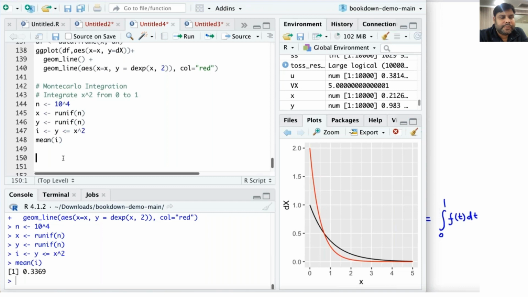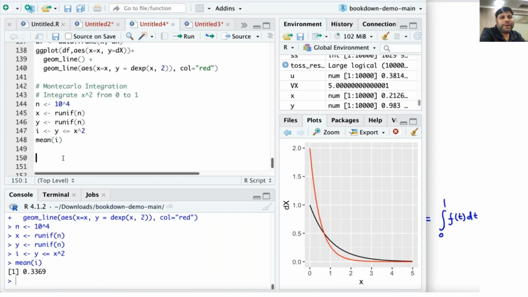Let us now integrate something not from 0 to 1, maybe from 0 to 2. So how to integrate x squared from 0 to 2? Of course now the proportion will not work, because the proportion is always going to lie between 0 and 1, but the definite integral value may not be between 0 and 1.